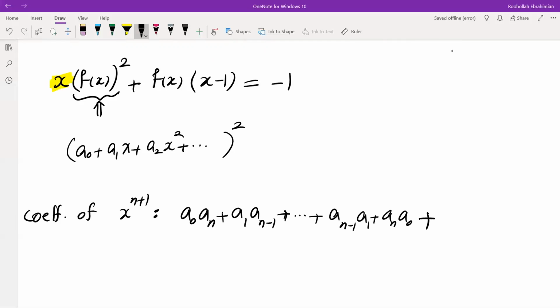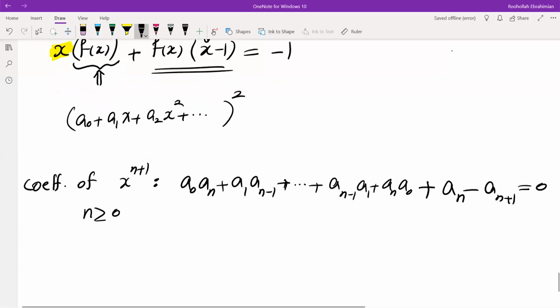Plus the coefficient of x to the power of n plus 1 in the next one is going to be just the coefficient of x to the power of n in f of x for the x part, and then minus an plus 1. And that is 0, assuming that n is at least 0, because there are no powers of x on the right side.